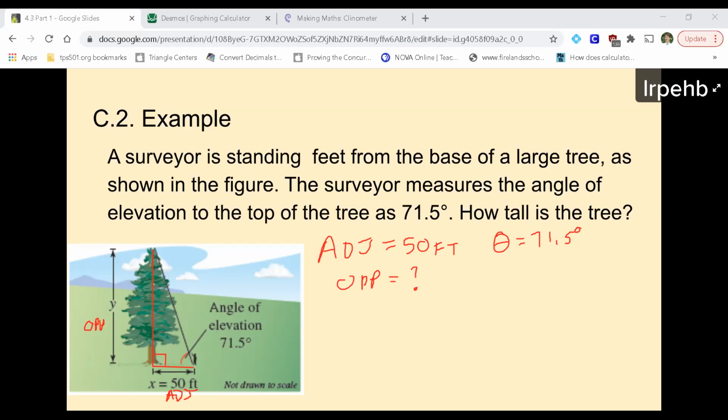What trig function relates the opposite to the adjacent? What trig function has the opposite and the adjacent in it?